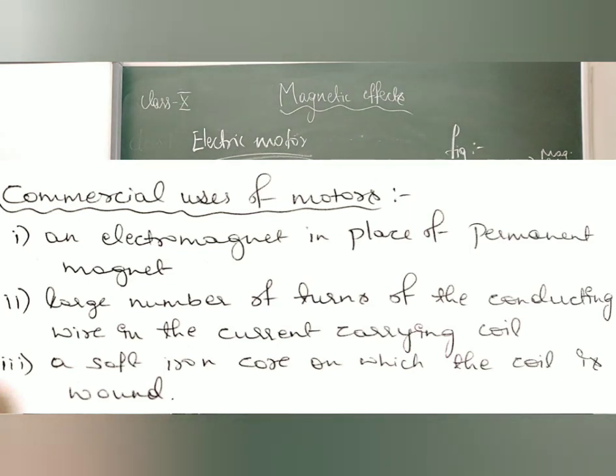We have only one rectangular coil, that is ABCD, right? So you make a large number of turns like this in the current carrying coil. And the third one is a soft iron core on which the coil is wound, that is nothing but the armature. So these are the places where we can fix these motors.